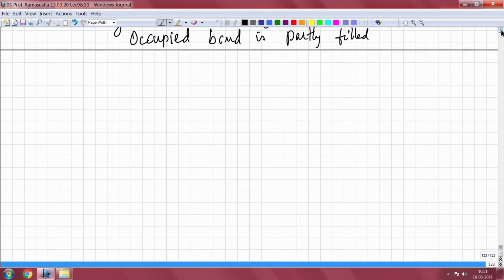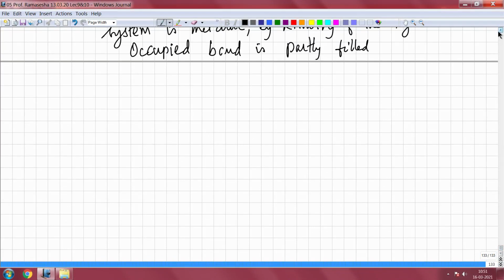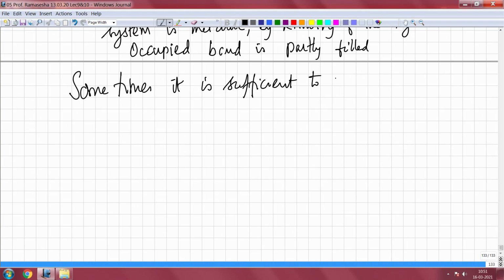Usually, sometimes it is sufficient to look at the E versus K plots along symmetry directions to arrive at this conclusion.